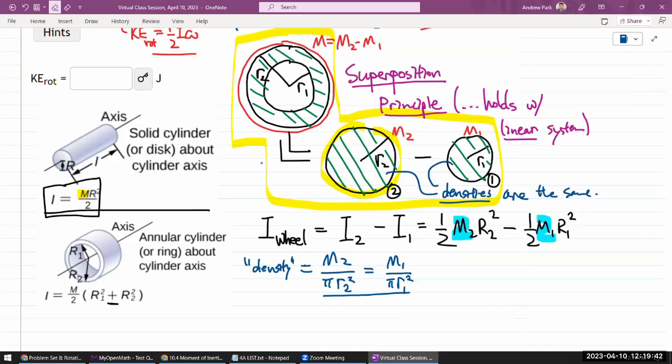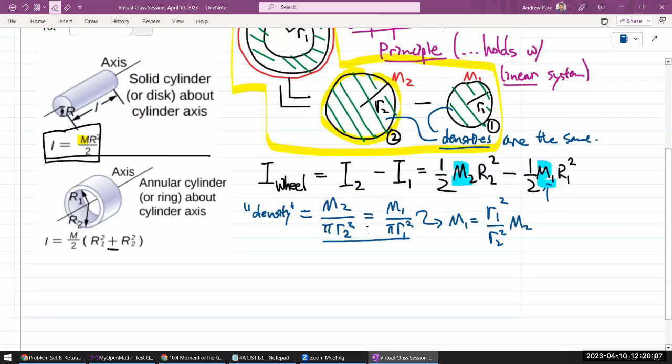Okay, with this expression, let's try eliminating m1 and see what that does. Solving this for m1, the pi's cancel. Good. m1 is equal to r1 squared over r2 squared times m2. Let me plug that in.